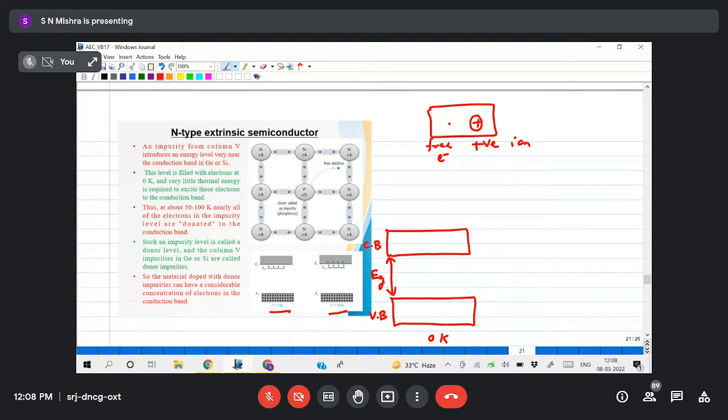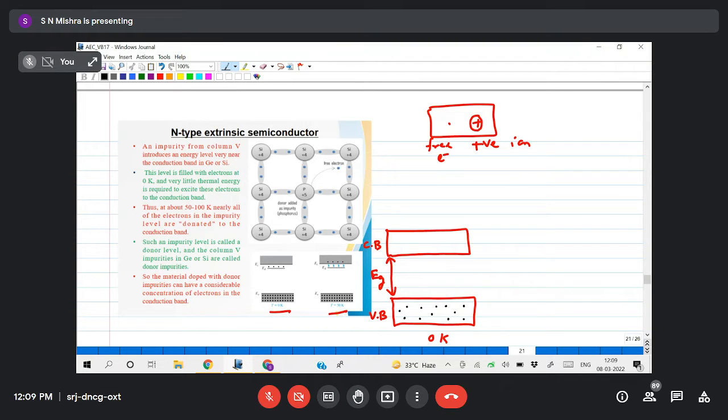Now at 0 Kelvin, the semiconductor behaves as an insulator because all the electrons are bound electrons and not finding any free electron, and in that case the electrons are present in the valence band and the conduction band is empty.